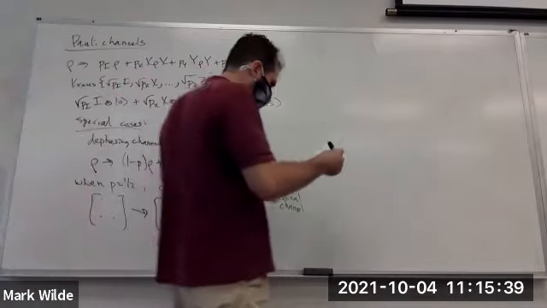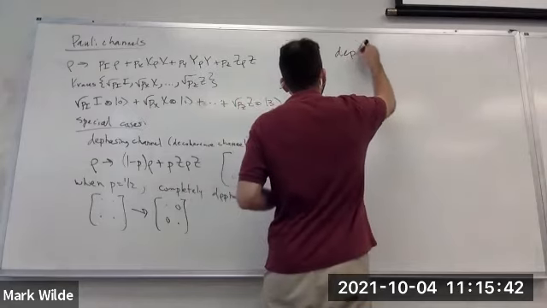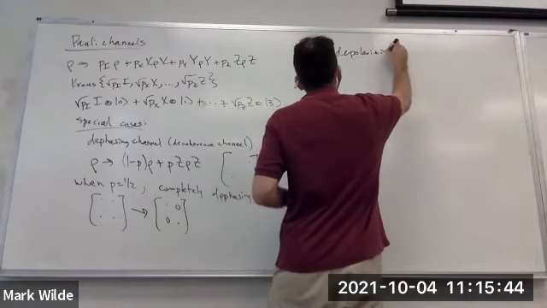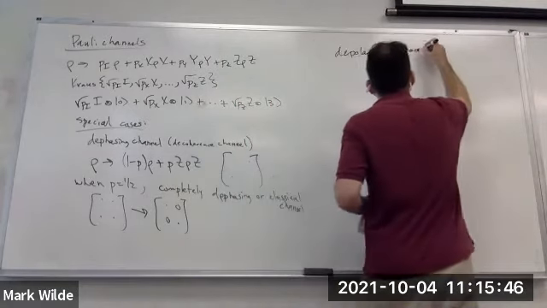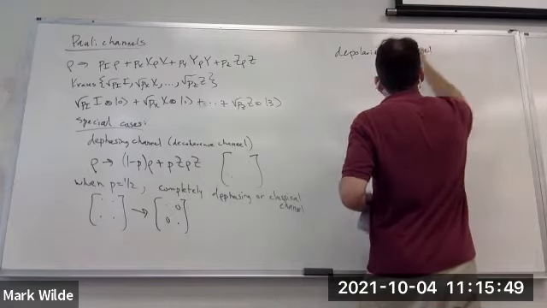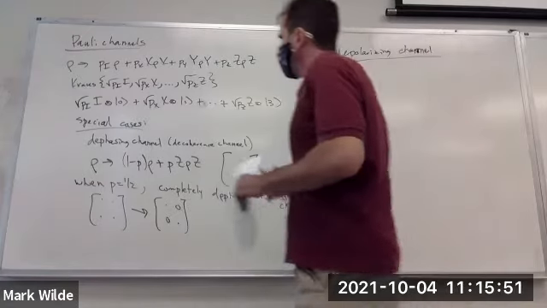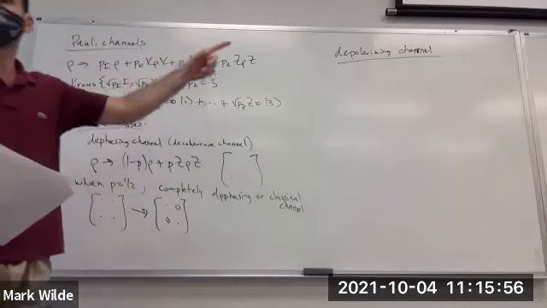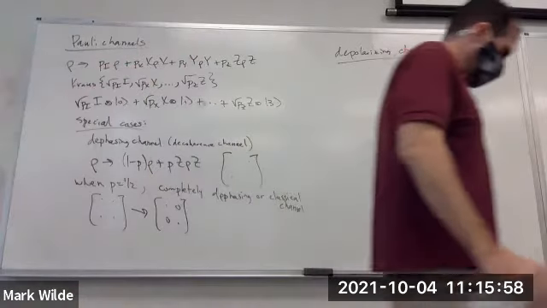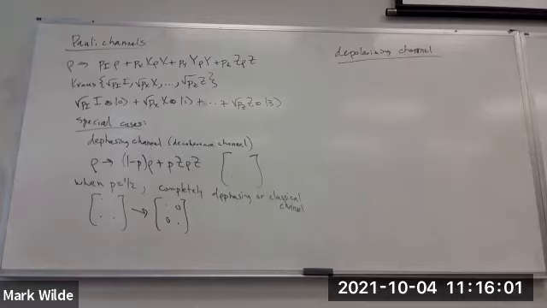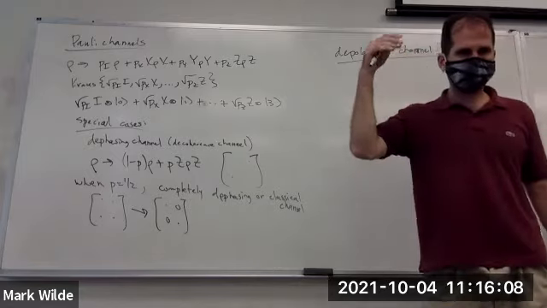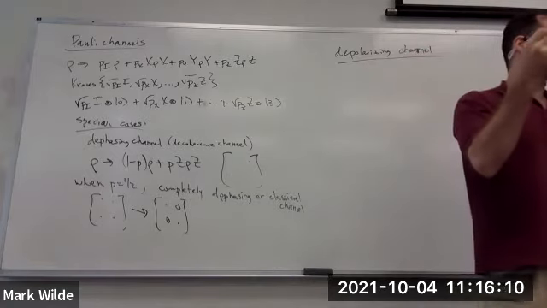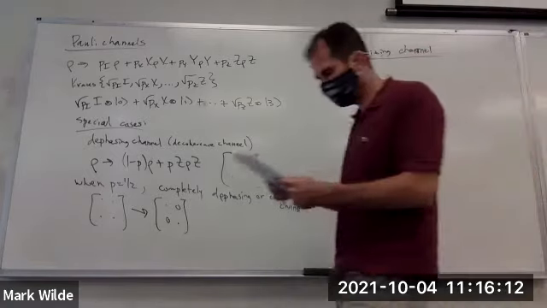Okay, depolarizing channel, that's another example. This is where the X, Y, and Z probabilities are equal. Okay, and so if you think in terms of the Bloch sphere, it's like the state is always going towards the maximally mixed state, going towards the center of the sphere for the depolarizing channel.